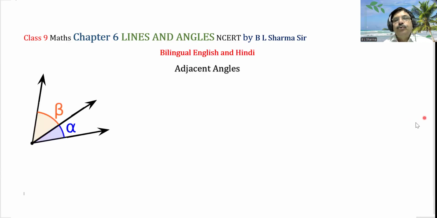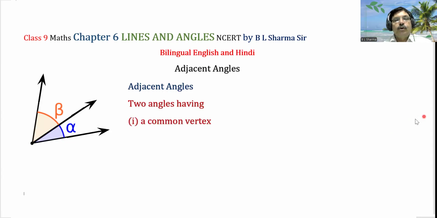Actually, if you consider here the angle alpha and angle beta, what is common in that? They have a common vertex. This is the common vertex. They have this one arm common, and the non-common arms are on the different side of the common arm. See here, two angles are called adjacent angles if they have a common vertex.